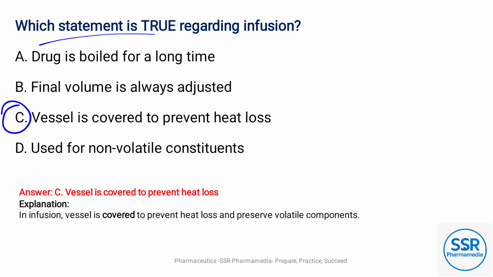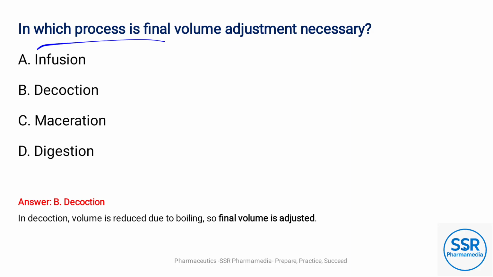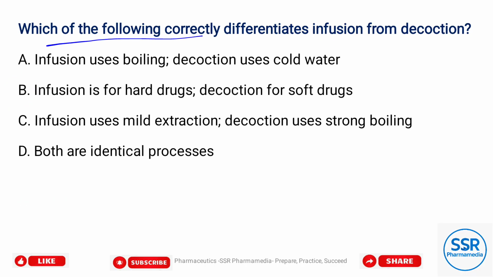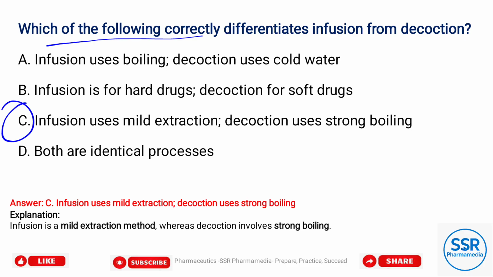So option B, vessel is covered to prevent heat loss. In which process is final volume adjustment necessary? So option B, decoction. Which of the following correctly differentiates infusion from decoction? So option C is the correct answer. Infusion is mild extraction, decoction uses strong boiling.